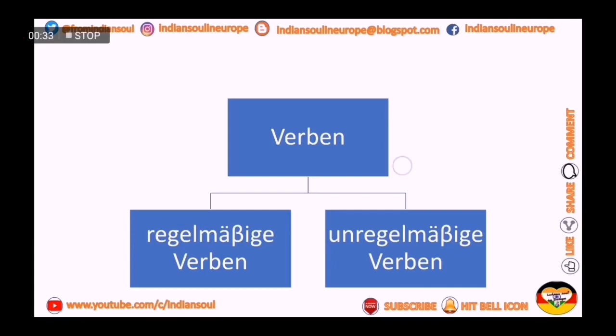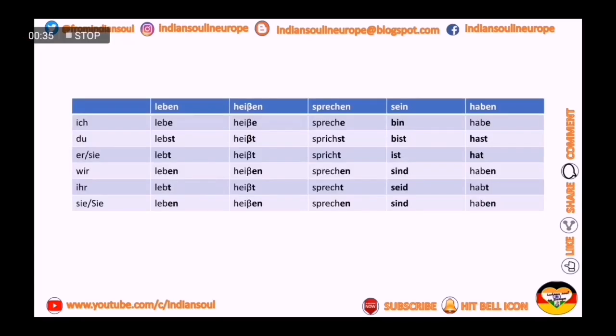Let's learn them. So here is a small table in which I am going to give you examples of both regelmäßige and unregelmäßige Verben. So the first verb leben, or to live, is the typical example of regelmäßige Verben. So you see there are two parts of the verb. For example, leb is the stem and en is the tail.